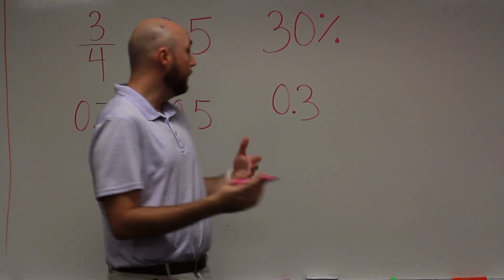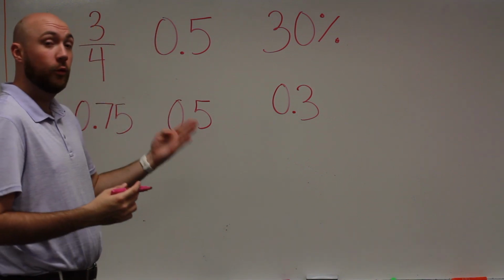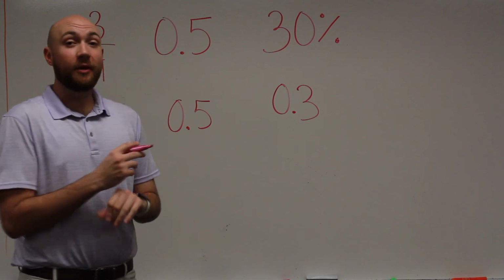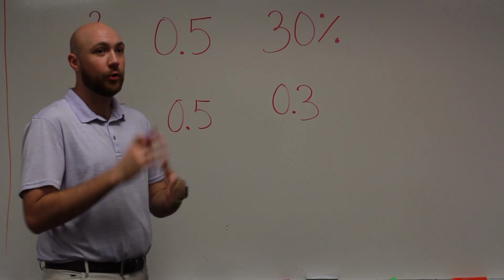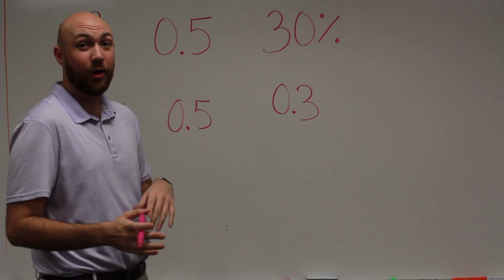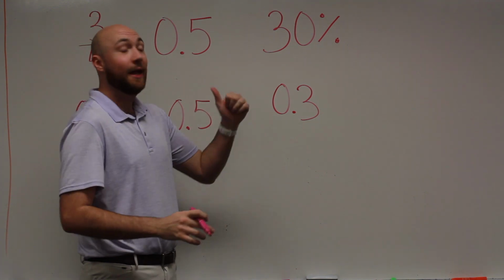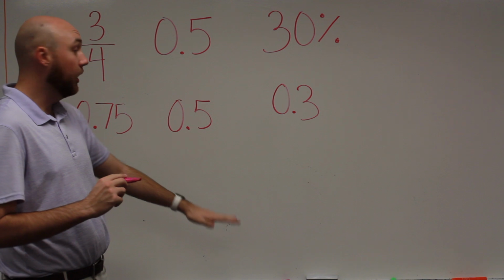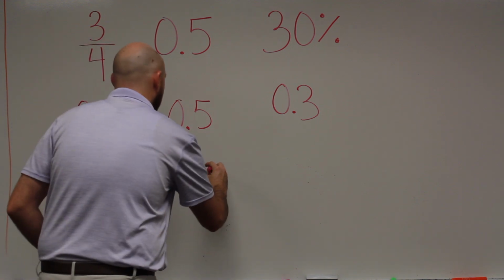Now we can work with this and order these. But you're going to need to be able to understand place value. Big thing from 5th grade that you went over all year. It's carrying on to 6th grade. If you need to, a good strategy is to line these numbers up.